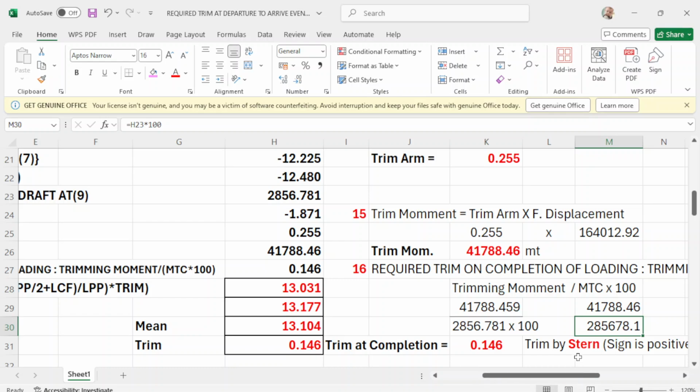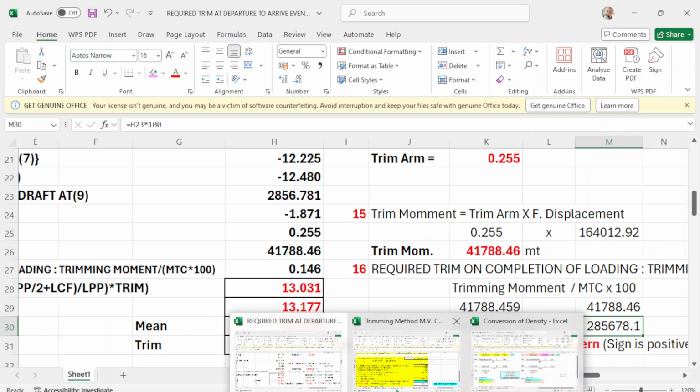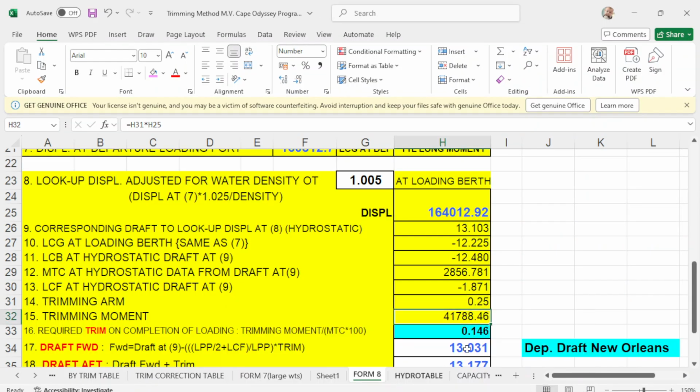Okay, and multiply your trimming moment over this value. Your departure trim will be 146. Okay, that will be your trim in number 16.